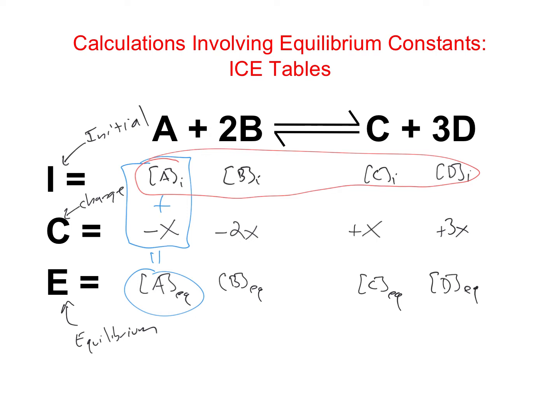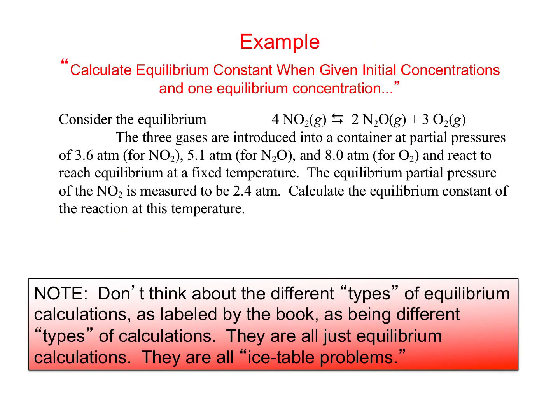Now this has all been kind of abstract. I think it'll make more sense when we apply this to a specific problem. Before we do this problem, one thing I wanted to mention, textbooks often classify different types of equilibrium problems, and they sort of give them names.